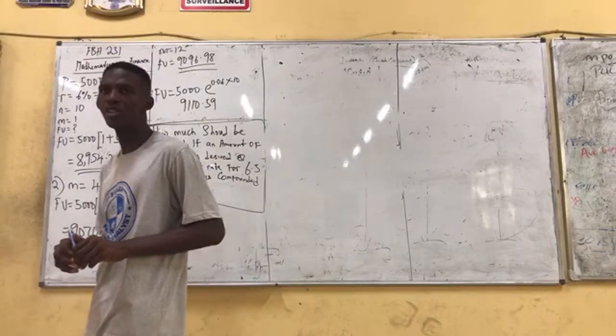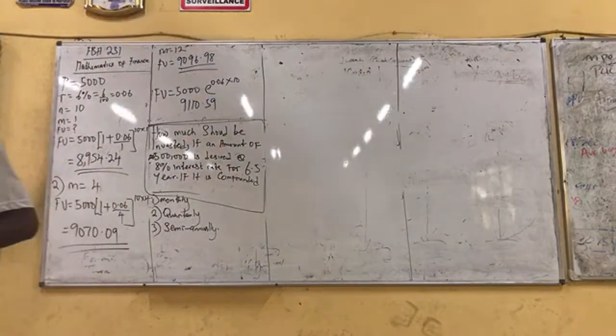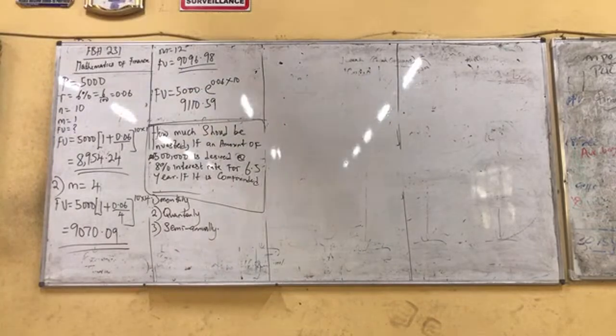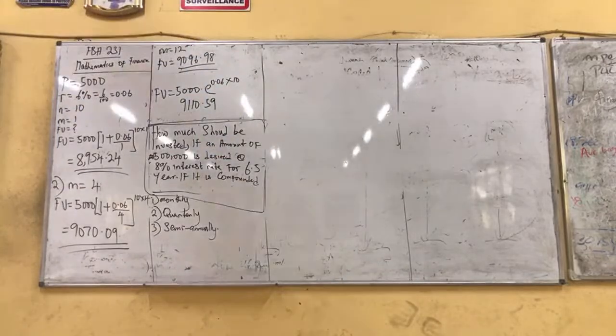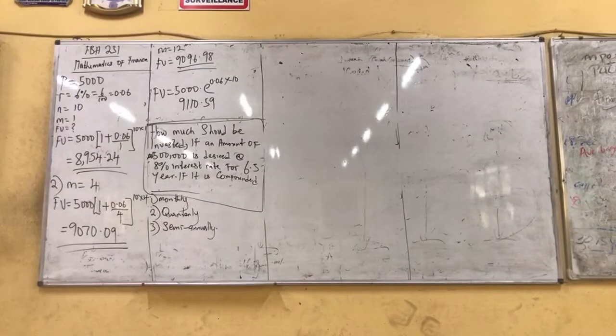So what does a question look like? From my observation, what do you watch out for in annuity? Like I said, you watch out for cash flows of a constant amount.